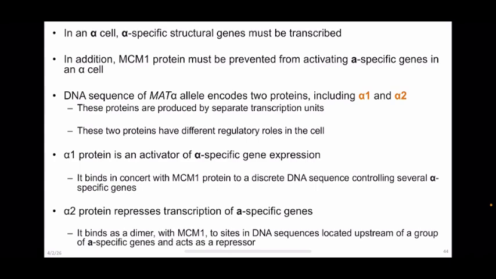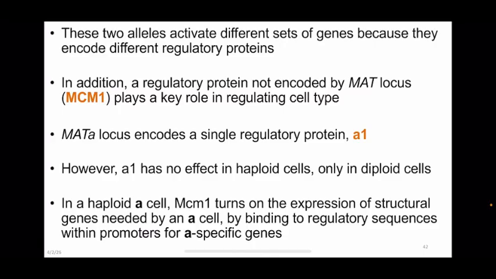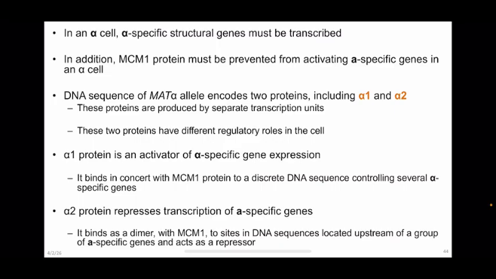The function of alpha 1 and alpha 2: alpha 2 is actually a dimer. It binds to MCM1, and in doing so it prevents the expression of A specific genes. But alpha 1 binds in concert with MCM1 to promote the expression of alpha specific genes.